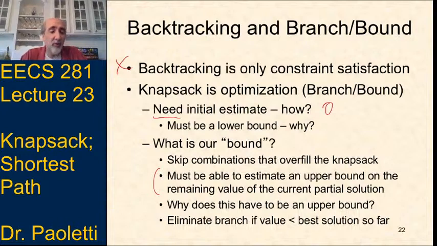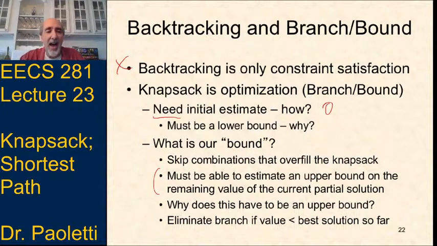Everything here is sort of reversed from traveling salesperson. With traveling salesperson, because we are trying to minimize, we needed an upper bound initial estimate and a lower bound remaining estimate. Here, since we're trying to maximize instead of minimize, everything has to reverse.